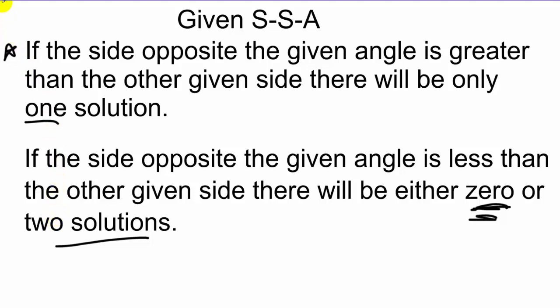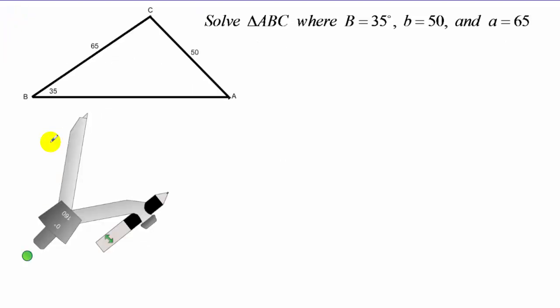In this case, I have angle B is 35, side B is 50, side A is 65. Two sides and an angle given, side opposite the given angle is less than the other side. And we're going to state that there's two possible solutions. Well, let's find the first one.